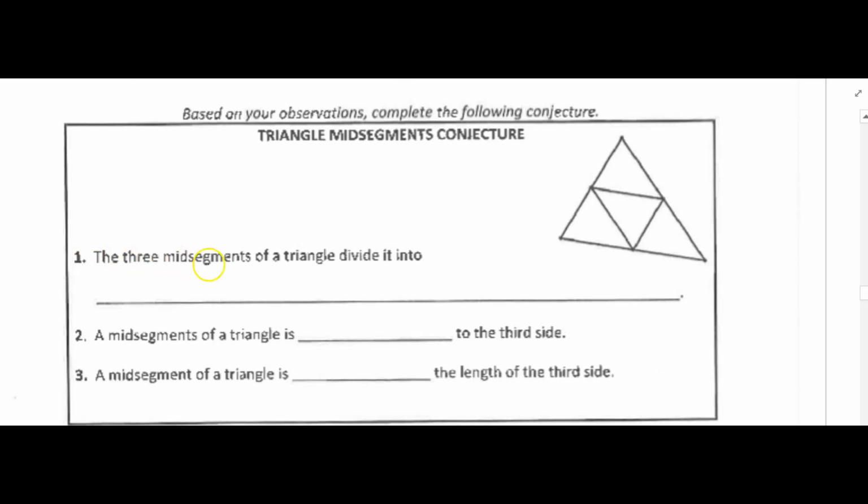The 3 midsegments of a triangle divide it into 4 congruent triangles. Here are our 4 triangles over here. Those are going to be congruent. A midsegment of a triangle is parallel to the third side.